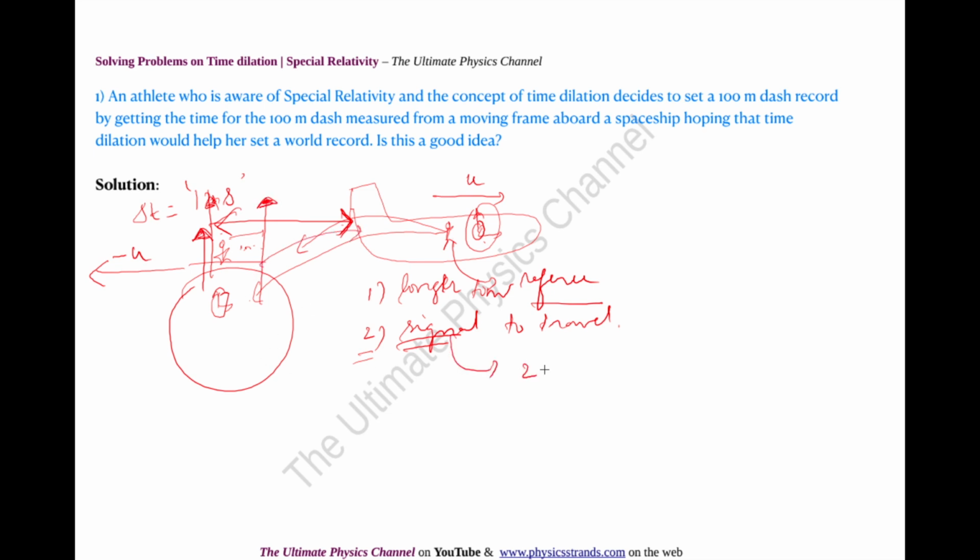So 2 times that signal time also is important for it. It will be added to the event time. So the event time, he measures a dilated time. Additionally, signal time is there. So put together, that becomes the total time for the event according to him. And that is going to be definitely longer, the total time taken for the event.